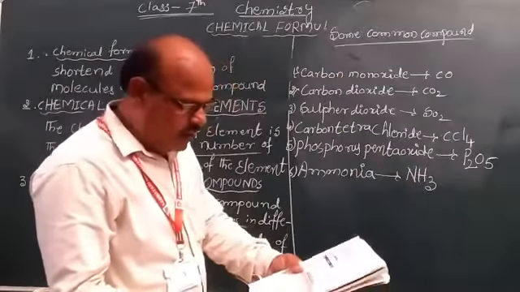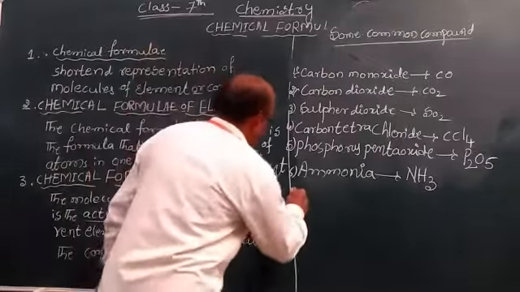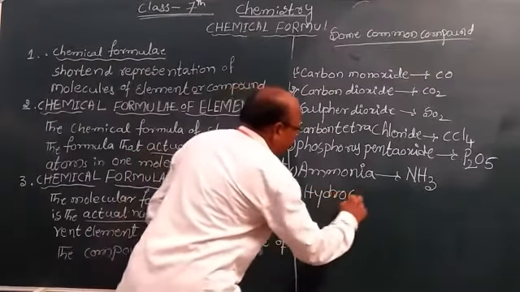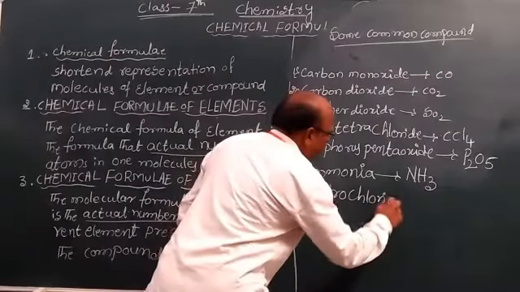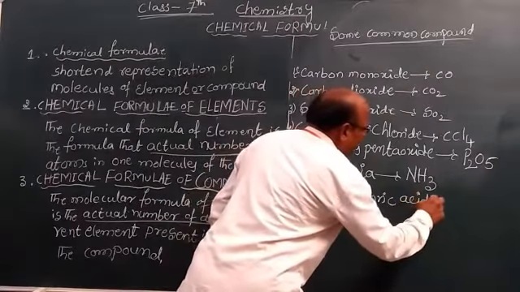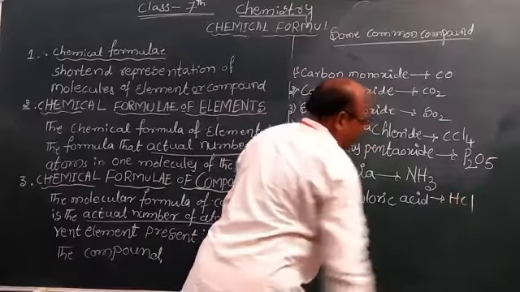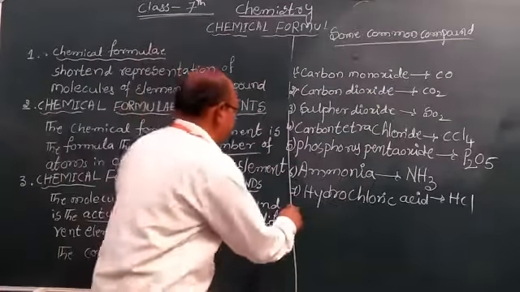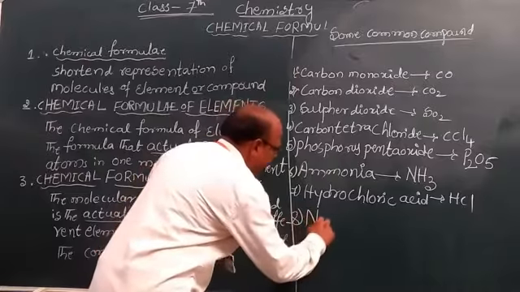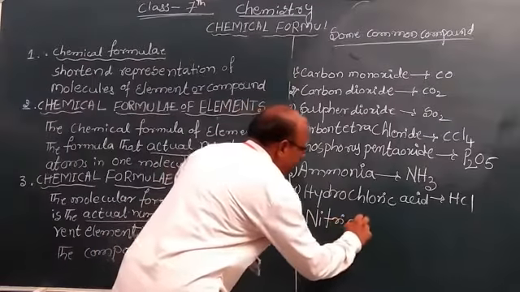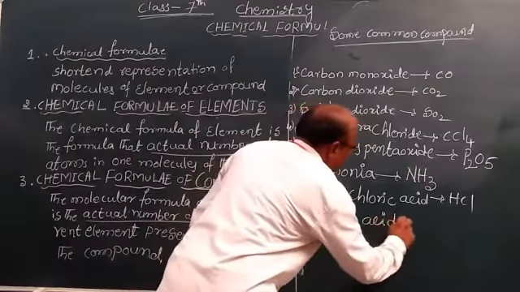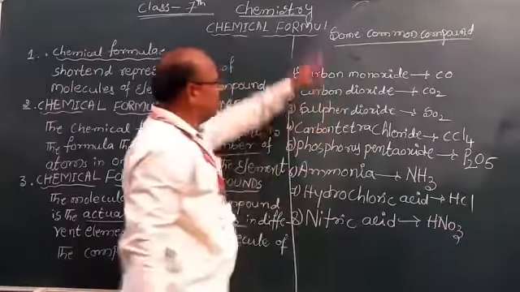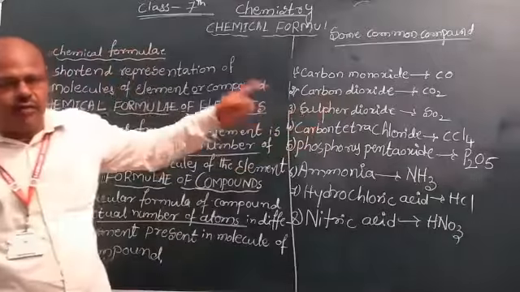Now hydrochloric acid, which is HCl. And the last one is nitric acid, HNO3. All these are some common chemical formulas.